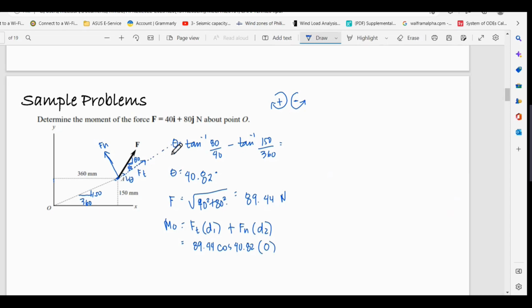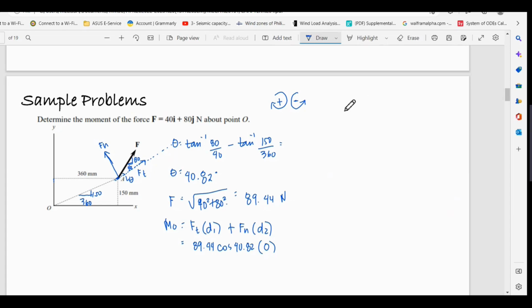Kahit i-extend natin, hindi tayo makakahanap ng any distance perpendicular to our point O. Kasi ito na mismo yung ating line of action ng ating Ft. So, walang any distance perpendicular to our point O. So, yan yung tatandaan niyo. If we have a certain force lying on the same line of action of our moment center, yung kanyang distance perpendicular will be equal to 0.